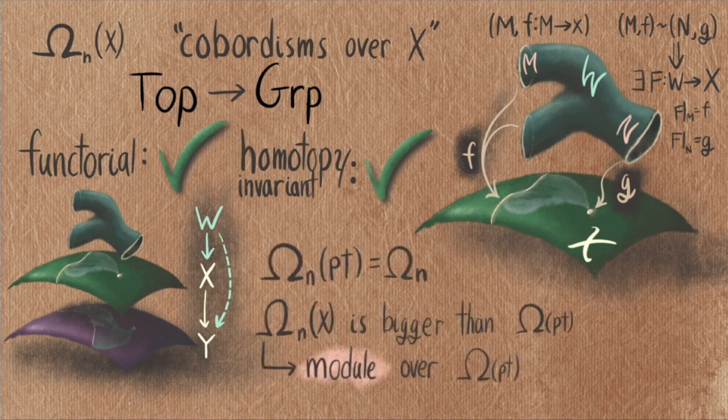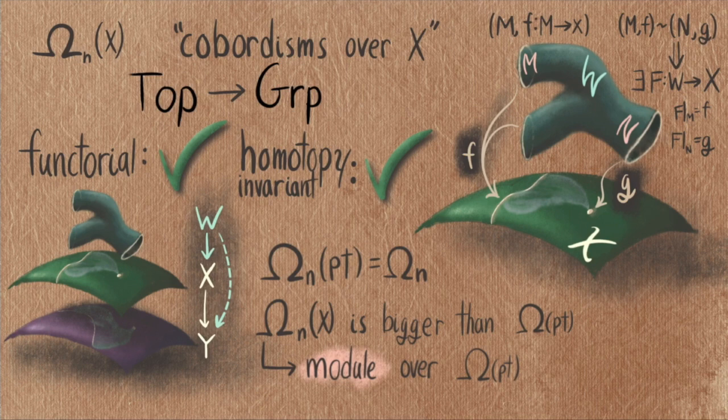So simple case, right? Let's just take X to be a point. Well, in that case, the condition that F and G are cobordant through this bigger map is trivially satisfied. So the only condition is that M and N are cobordant.